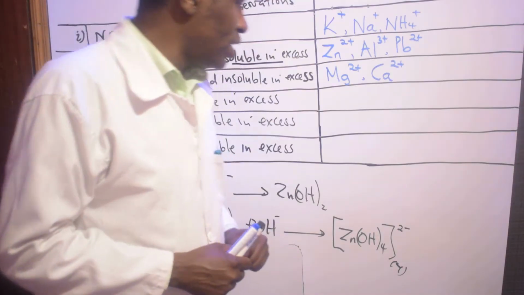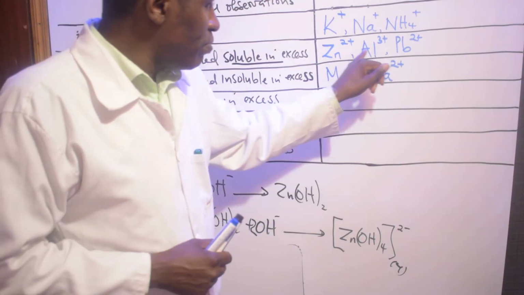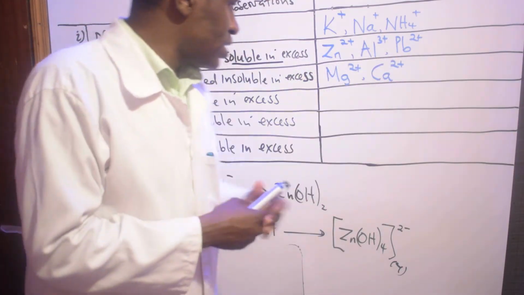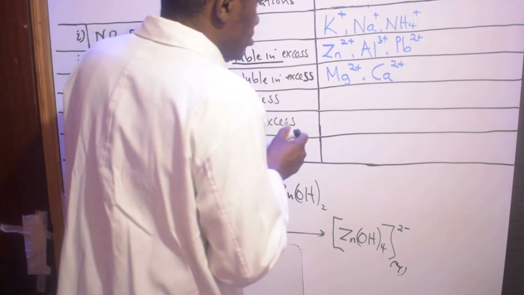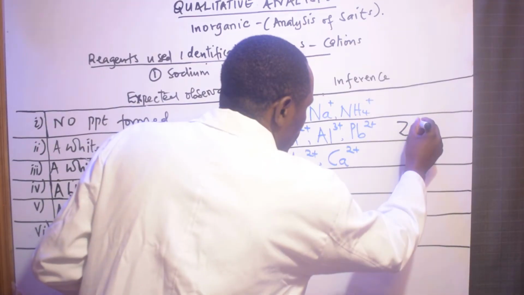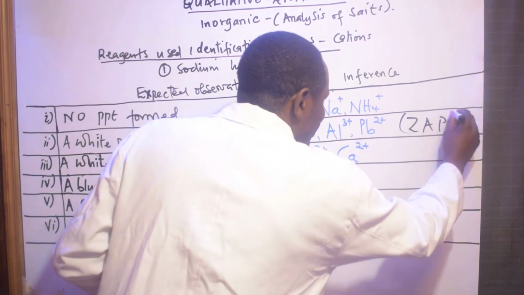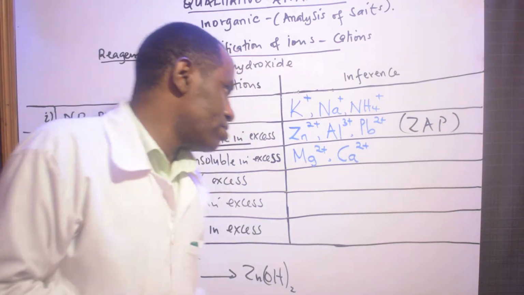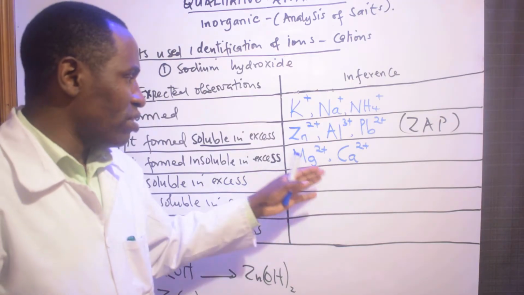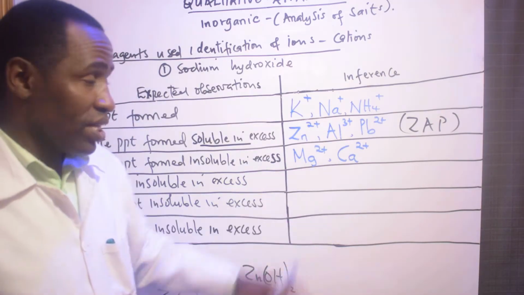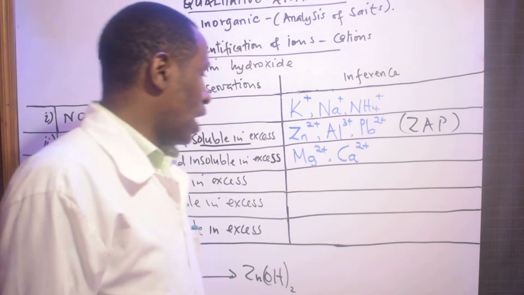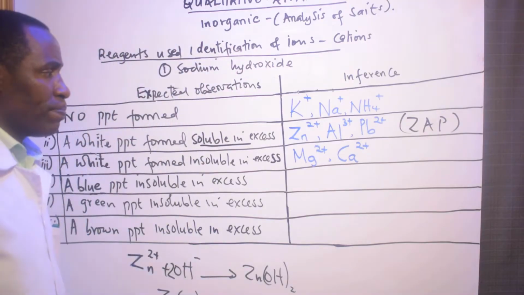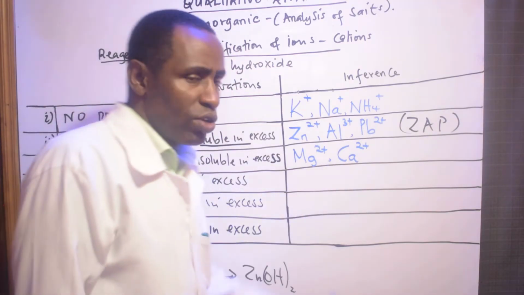Maybe one more thing: if you want to remember this, why can't you just talk about the ZAP here? Look at that. You can just remember ZAP for amphoteric hydroxides, you can easily remember that. For magnesium and calcium, you realize that these are group 2 elements. You can maybe think about that. Of course, in one of my series, I have been talking about the periodic table.